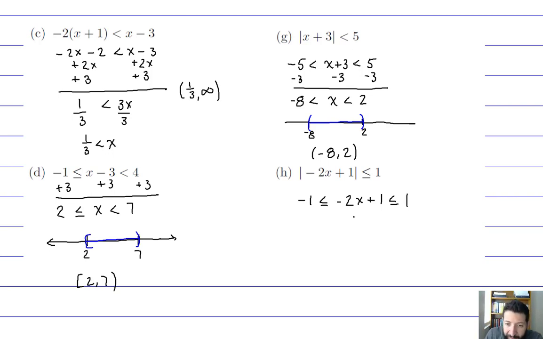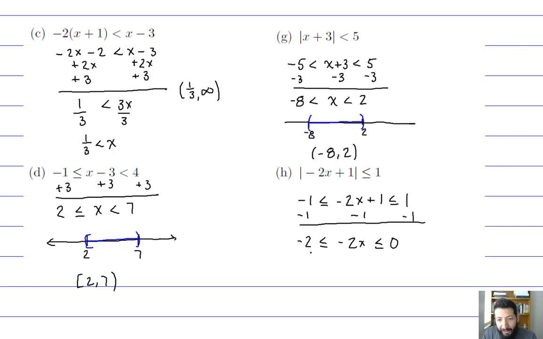We're going to eliminate this 1 by subtracting 1 from every part of the inequality. I said it right this time. So negative 1 minus 1, negative 2, is less than or equal to negative 2x plus 1 minus 1, so it goes away. 1 minus 1 is 0, so less than or equal to 0.